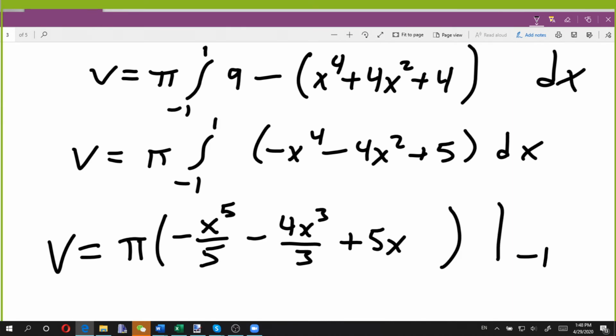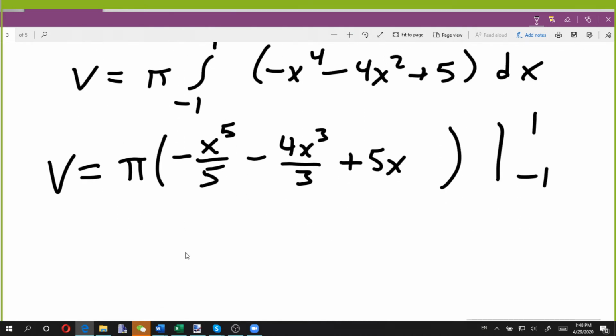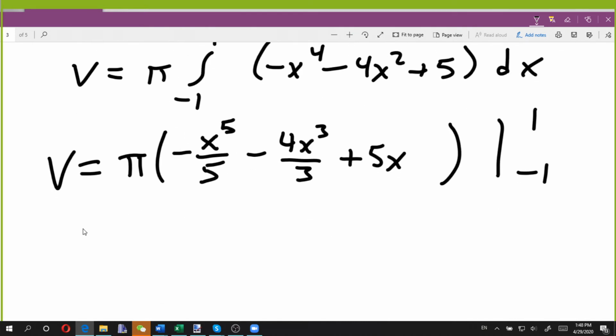Okay, and we're integrating from -1 to 1. That does make this symmetric, so you can shortcut by doubling this if you want. I don't think I'm going to shortcut today, but if you did, you could plug in 1 and just double your answer. And the reason why that works is because 1 and -1 are symmetric about x equals 0.